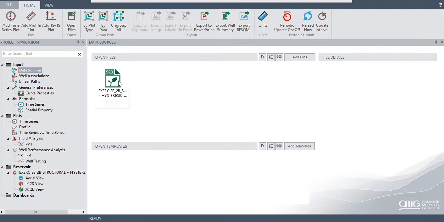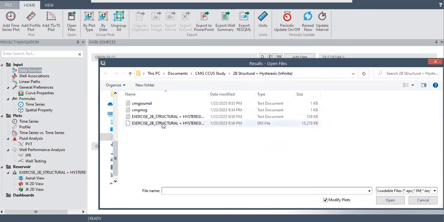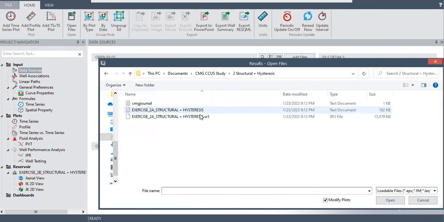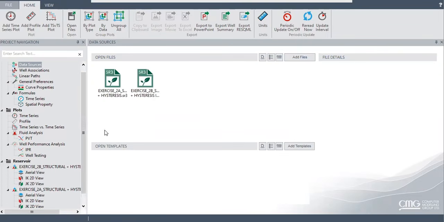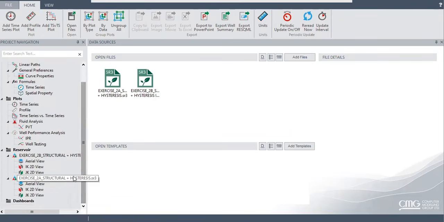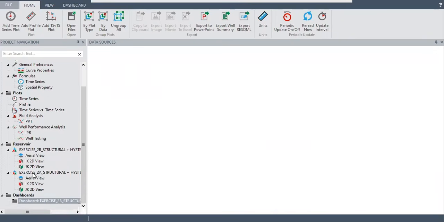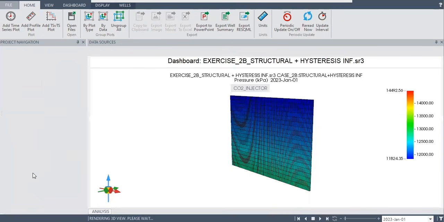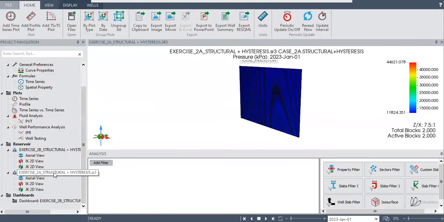Okay, so I already called my file, and now I will directly compare it with the 2A case, the limited aquifer. So now we have both of them. Now I will place the infinite case on the dashboard, and I will add the limited case, drop it on the dashboard.